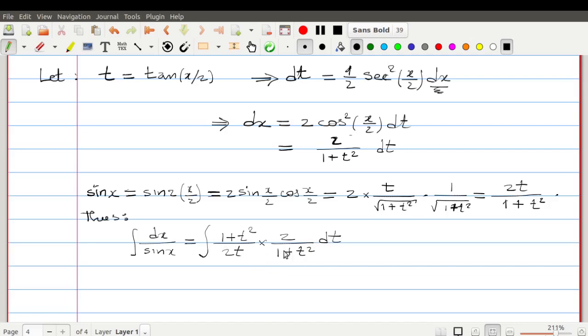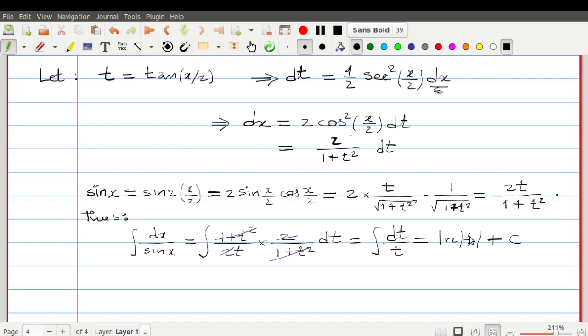So we can see that 1 plus t squared here, we cancel with the denominator. These 2 we cancel with these 2. So we are left with dt by t. So this is equal to the integral of dt by t, which is nothing else than ln of the absolute value of t plus a constant.